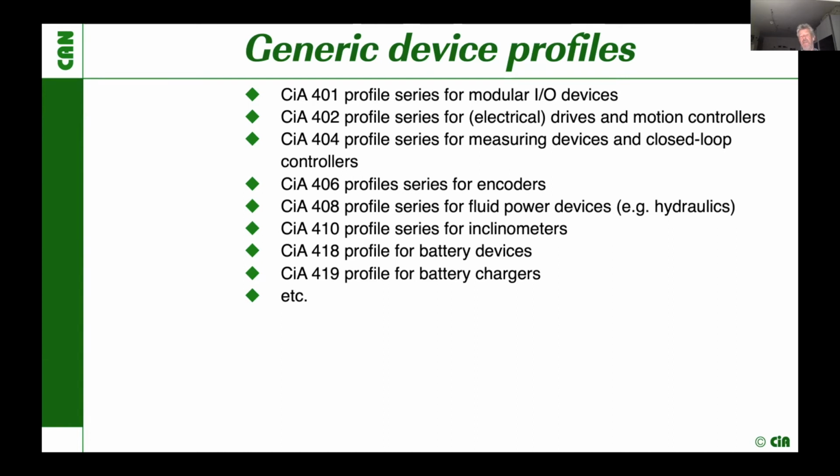This is also under revision. What has not been touched are the CiA 418 and CiA 419 profiles for battery devices and battery chargers. These may still request some new features and maybe some corrections, but there is no activity at the moment.